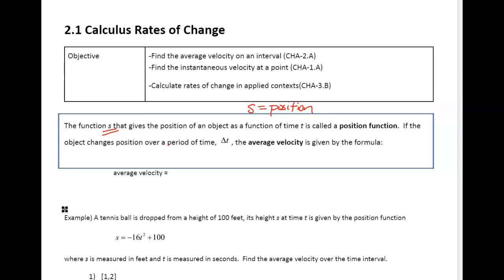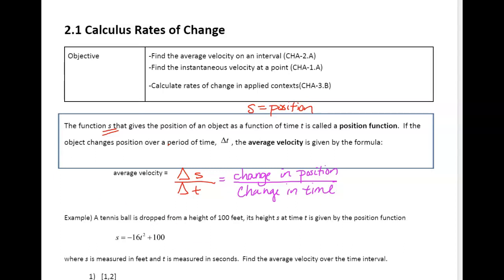So the change in time is called the average velocity, and it is given by the formula, the change in S divided by the change in T, which the change in S stands for change in position and change in time. So what you have to remember is change usually means the difference.